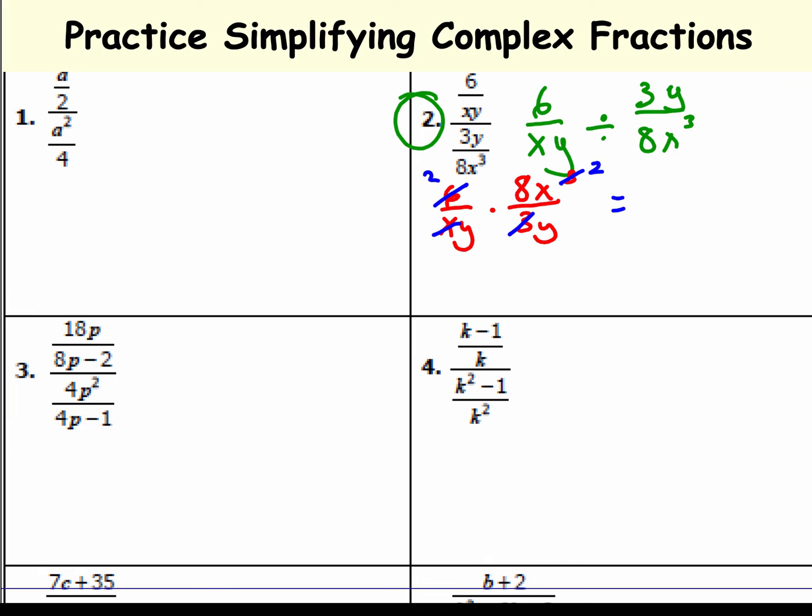I have 2 times 8, which is 16, times x squared, which gives me 16x squared over y times y, which is y squared. Now it's simplified because the numerator and denominator have no common factors, and it's a single fraction.